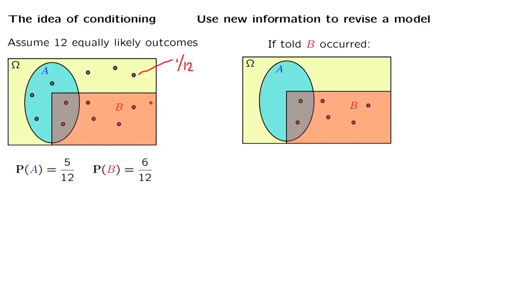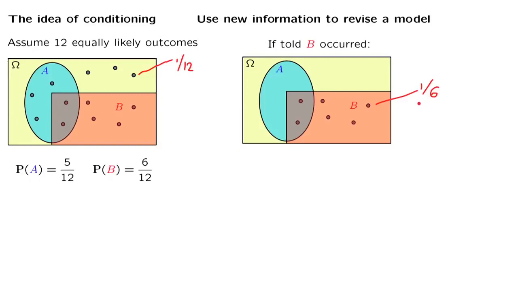We are told that one of these has occurred. Now, these 6 outcomes inside the event B were equally likely in the original model, and there is no reason to change their relative probabilities, so they should remain equally likely in the revised model as well, so each one of them should now have probability 1 over 6, since there are 6 of them.